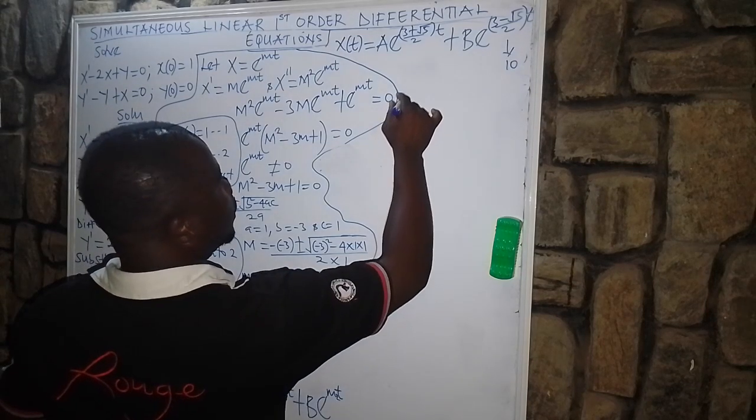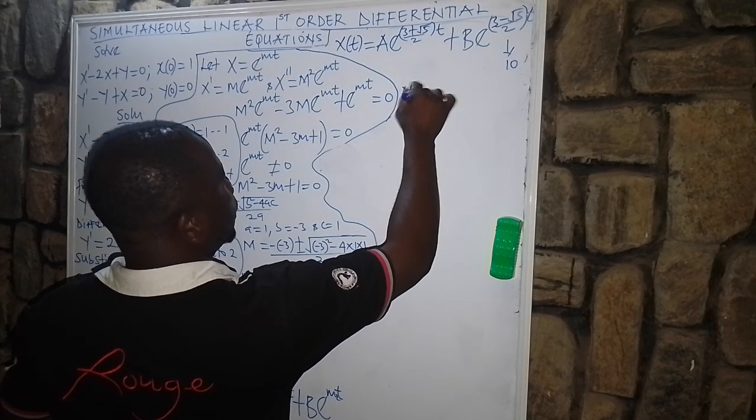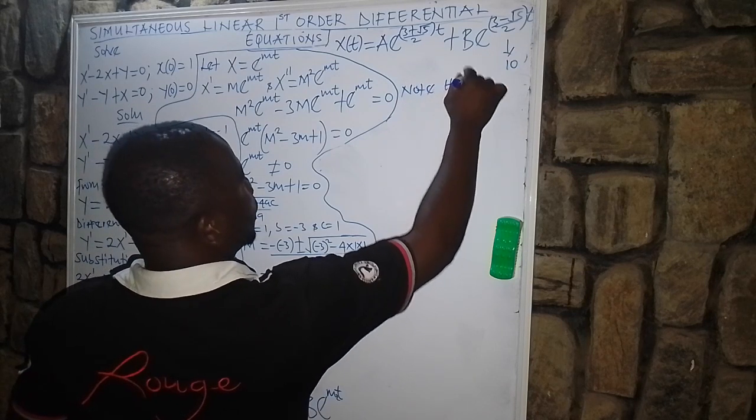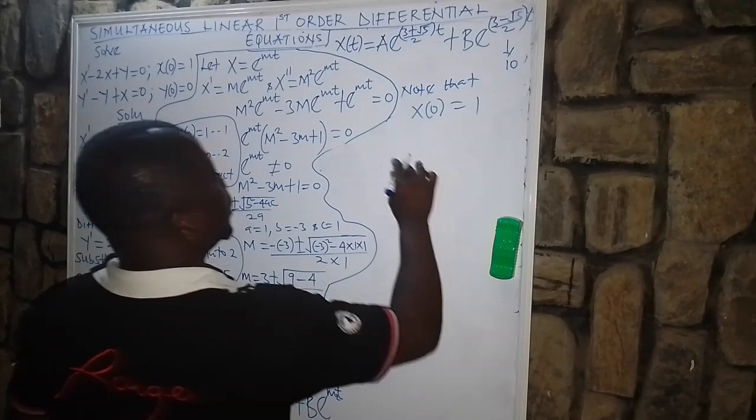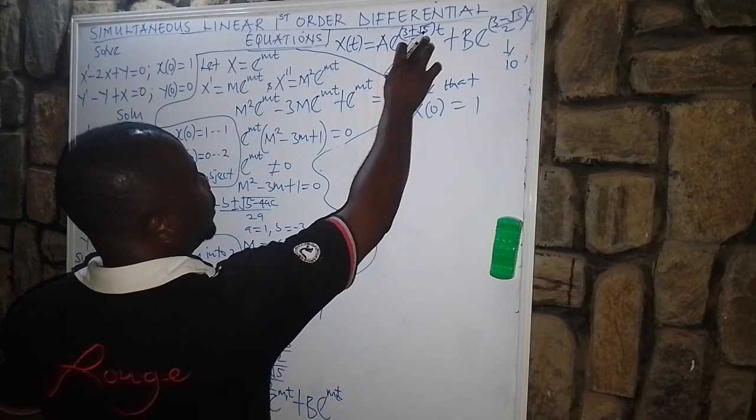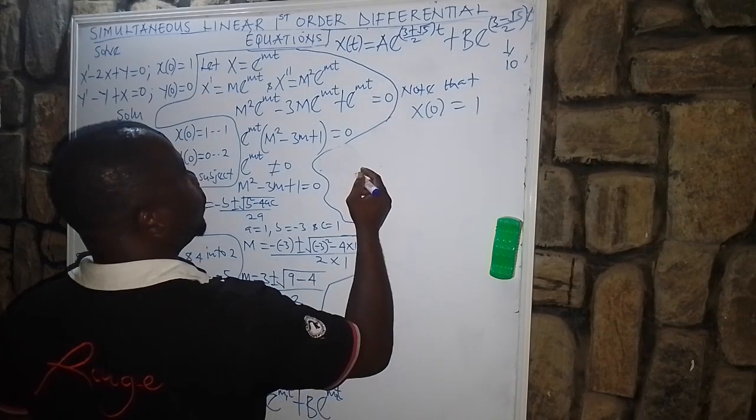Note that our x of 0 is equal to 1. It means x is 1, so anywhere you see t it is 0. True or false?